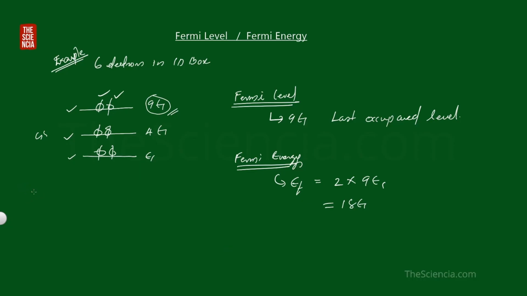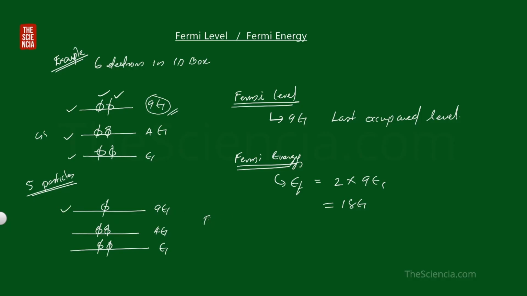Suppose there are only 5 particles. Okay, then 2 particles will be here, 2 particles will be here, 1 particle will be here. So this is E1, this is 4E1 and this one is 9E1. Now, what is the Fermi level? That is the last occupied level. That is this one, right?